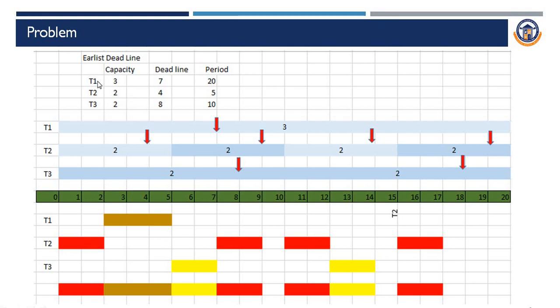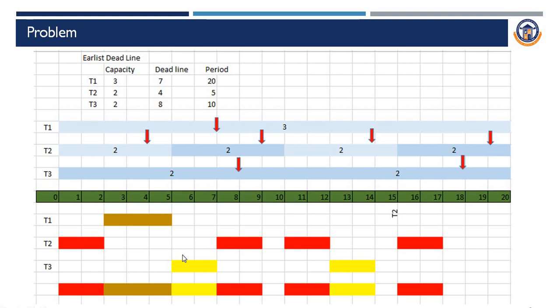Next, the priority will be assigned to T1, since its deadline is 7. For the entire 20 period, it has to process 3 units. So 3 units will be processed, from 2 to 3, 1 unit, 2 units and 3 units. Next, the process T3 will be assigned the next priority. For every 10 units, it has to process 2 units.